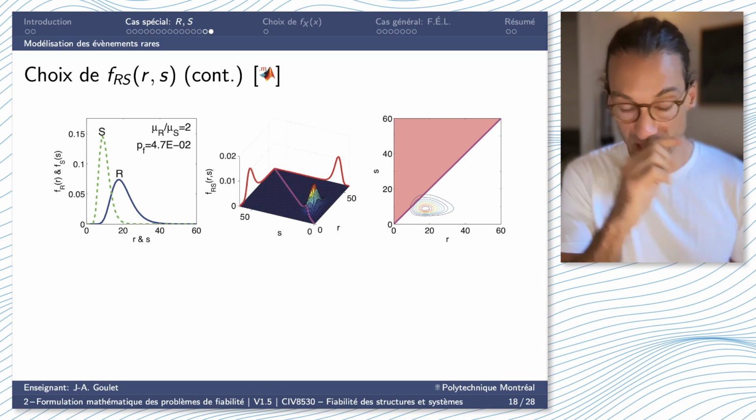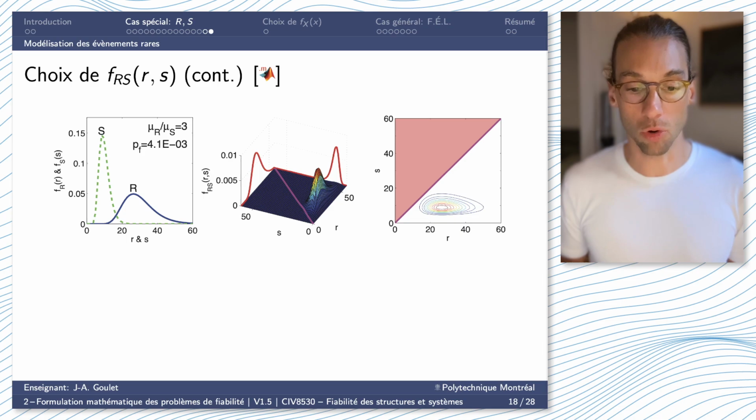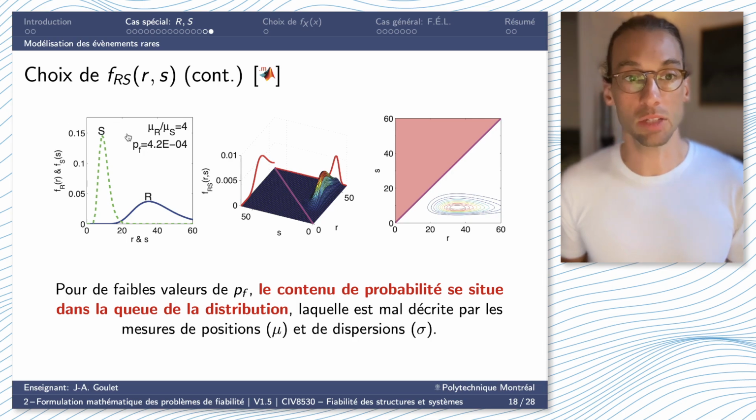If I start to shift away by a factor of 2 for mu r over mu s, we can see that now I'm shifting my joint probability towards the survival domain. So now we see that PF drops. If I do this a little more, with a ratio of 3, it drops even more. If I keep doing this with a factor of 4, it drops by a lot.